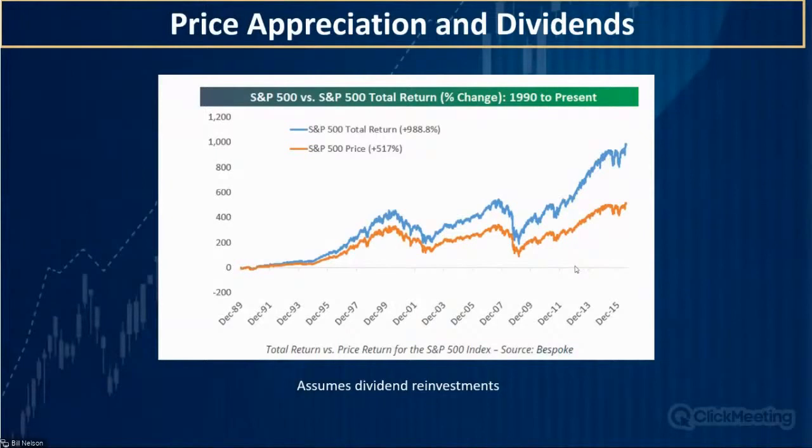And with the power of compounding, you can see a dramatic difference. There is something called the S&P total return, which takes into account dividends, and then the SPY. Both have done really, really well since 1989, but a dramatic return for not only price appreciation, but also collecting dividends along the way.